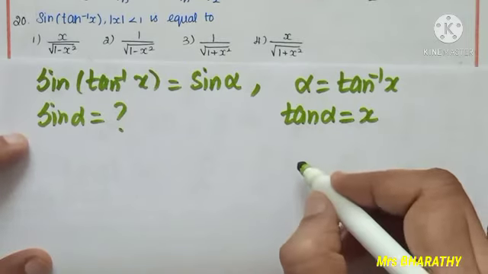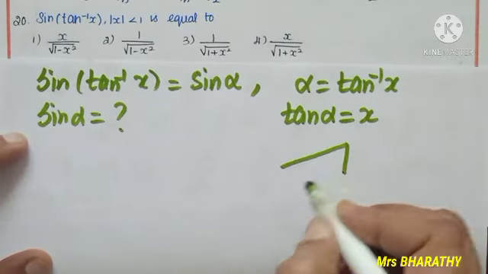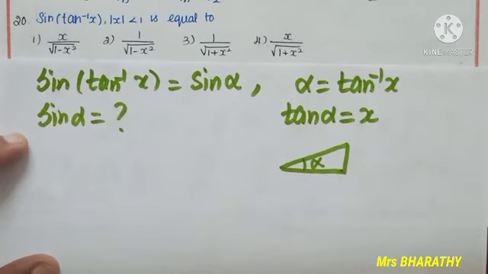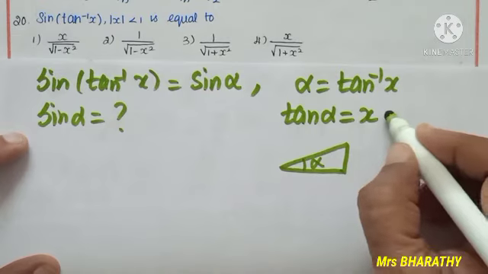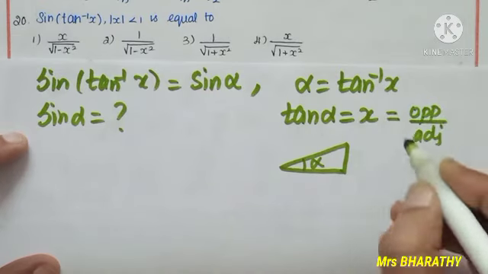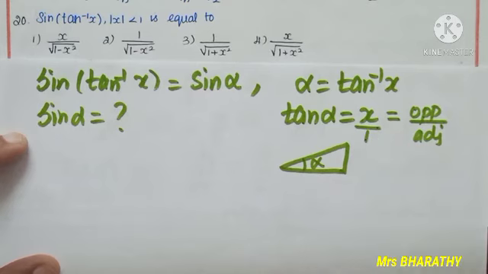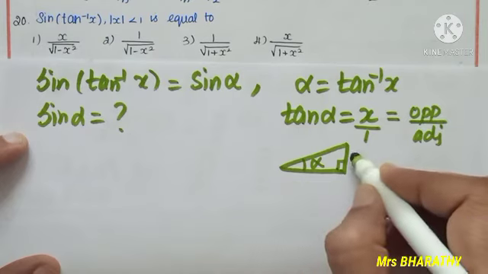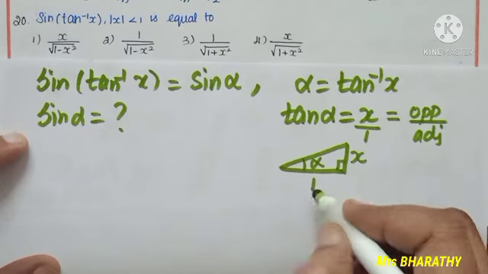So if I know tan alpha, remember I can draw the triangle where I mark the angle alpha. Tan alpha is nothing but opposite by adjacent. No number in the denominator tells me it is 1. So in a right angle triangle, opposite I mark x, adjacent I mark 1.